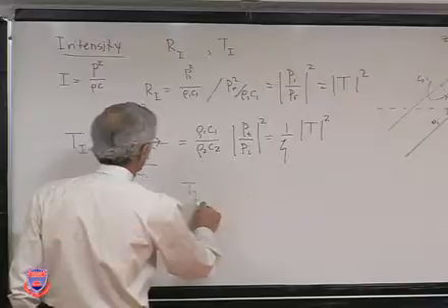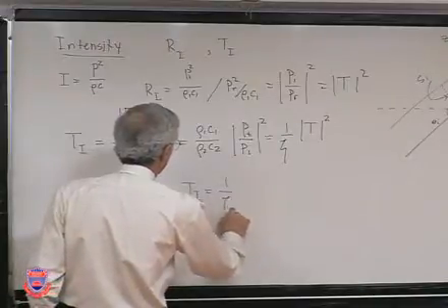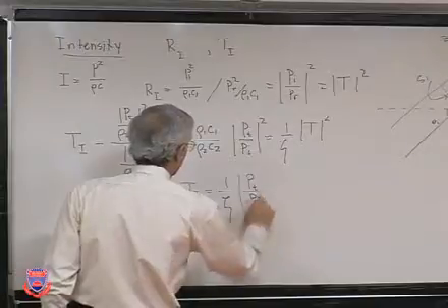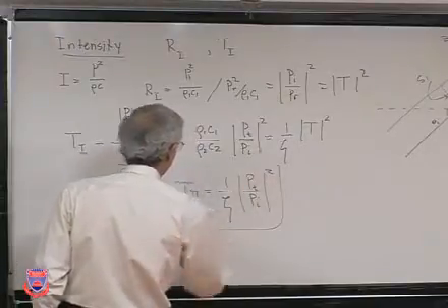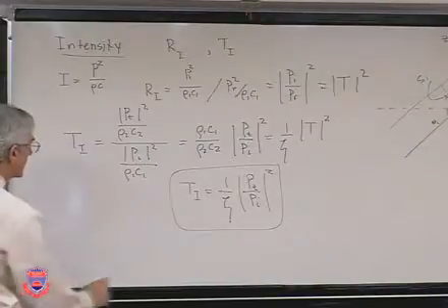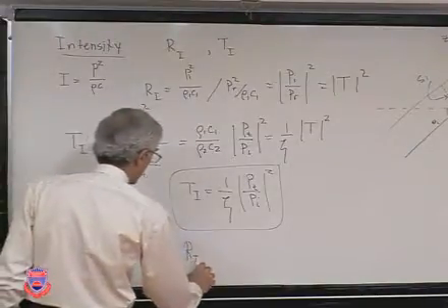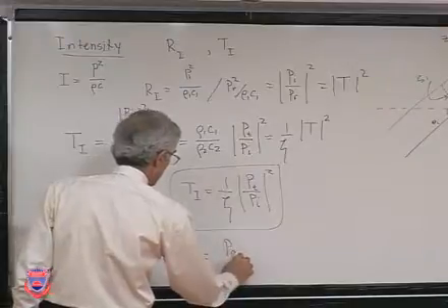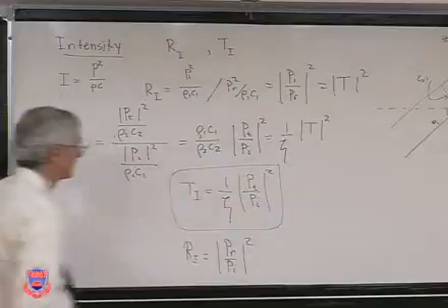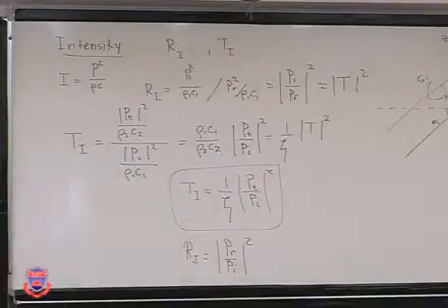So intensity transmission is modified, whereas reflection is not.